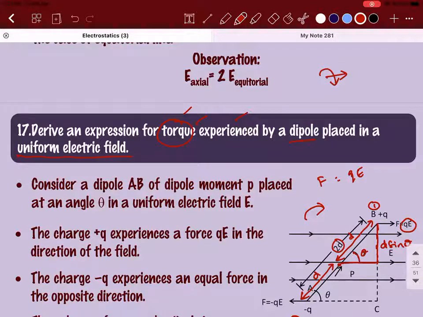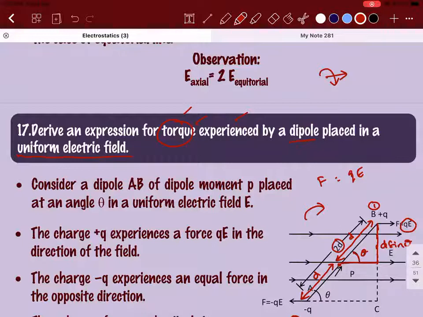Write it as an important note before electric flux. When an electric dipole is placed in a non-uniform electric field, in addition to torque, it also experiences force.